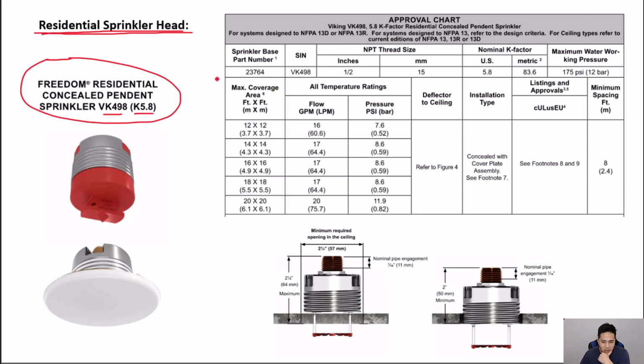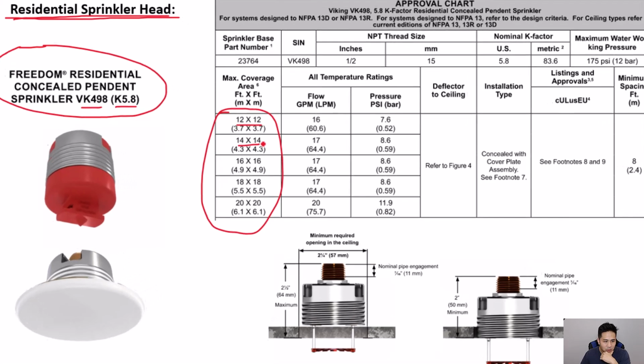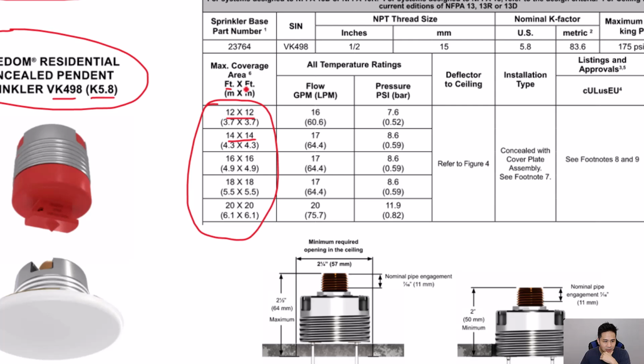And if you look at this schedule right here, you will see that there are different ranges of throw that the sprinkler covers. So here is a 12 by 12, 14 by 14, and these are in feet, as you can see here, and the ones in parentheses are in meters. I'm going to use feet since I'm in the US and we use units of feet.